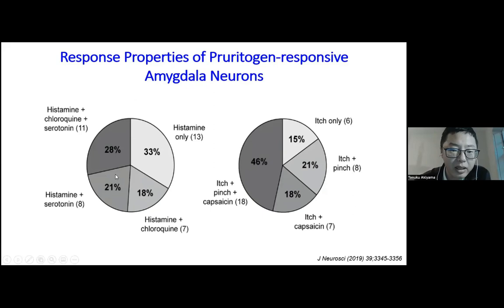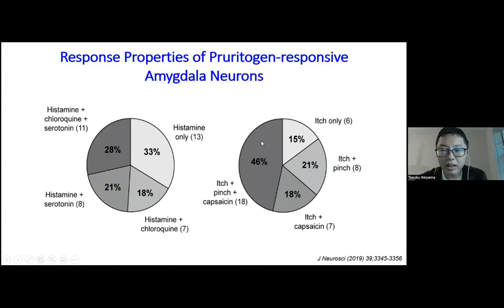About 1/3 of the amygdala neurons respond to the histamine only. And then about 1/4 of the neurons respond to each of the chemicals we tested in this study. And then the rest of the neurons respond to the histamine and serotonin or chloroquine.